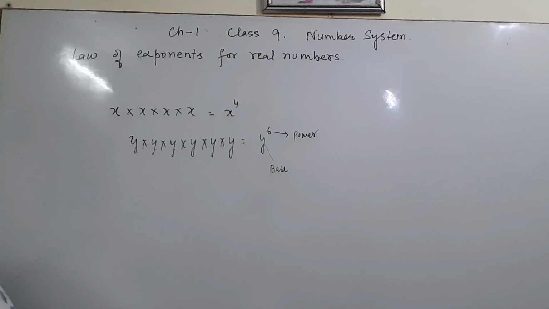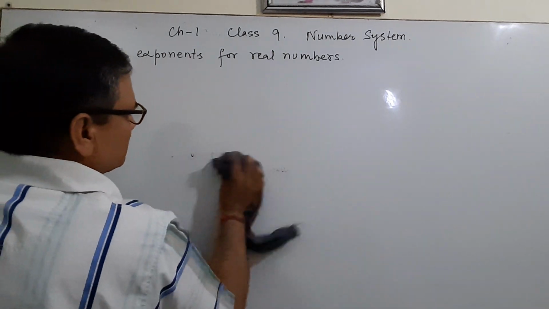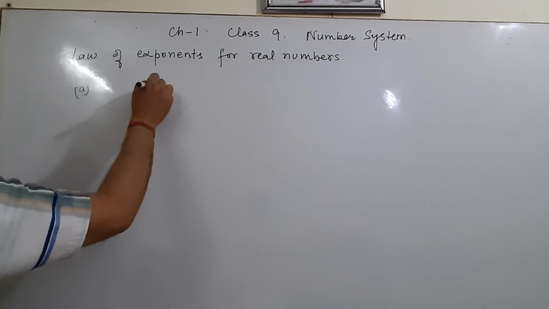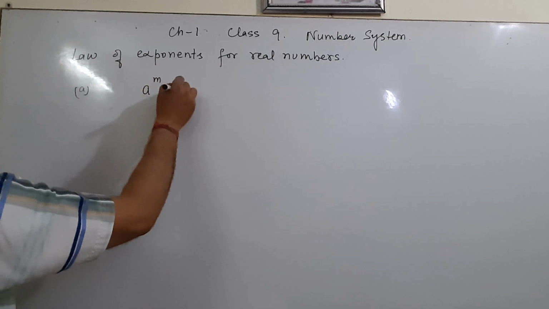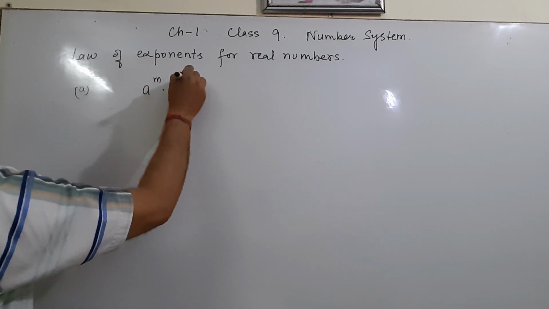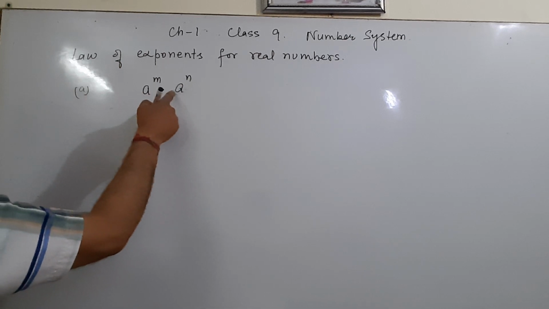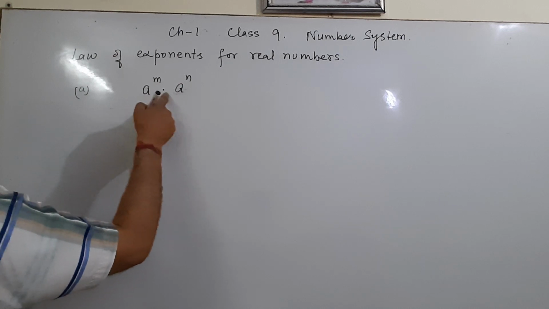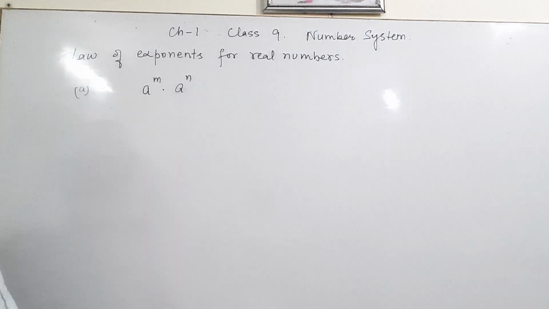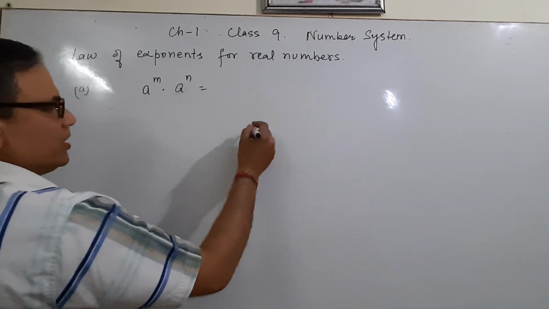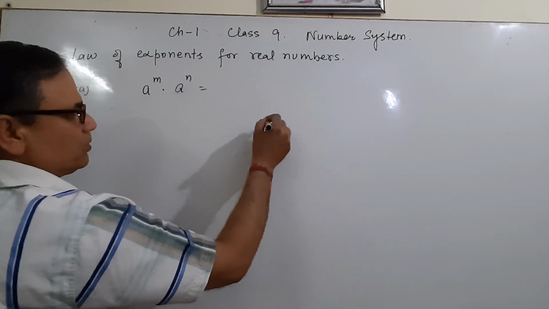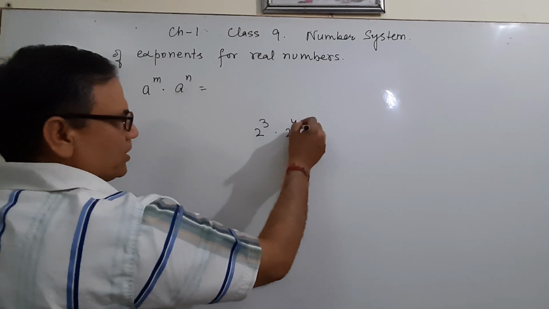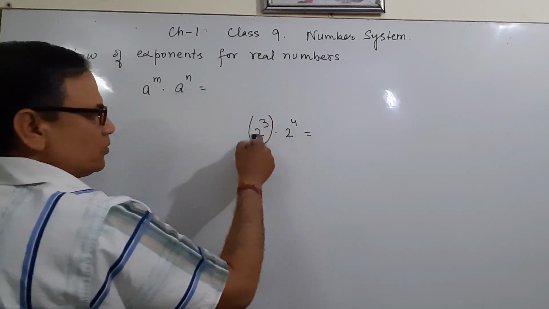First one is the first part: a power m multiply a power n. Base is the same, and they are multiplied to each other. Then what will the answer be? First point, if I give an example: 2 power 3 multiply 2 power 4. Then what is the answer? It means how many times is 2 multiplied by itself?